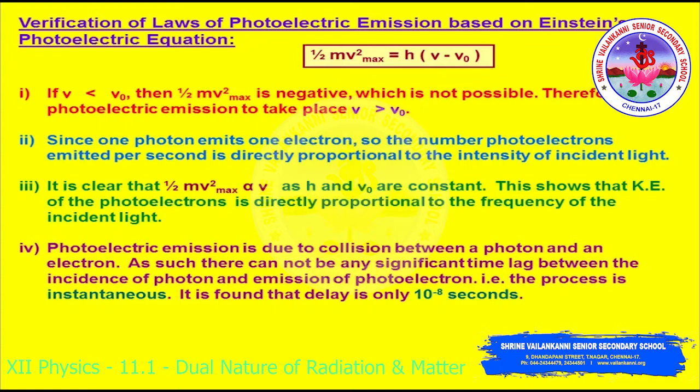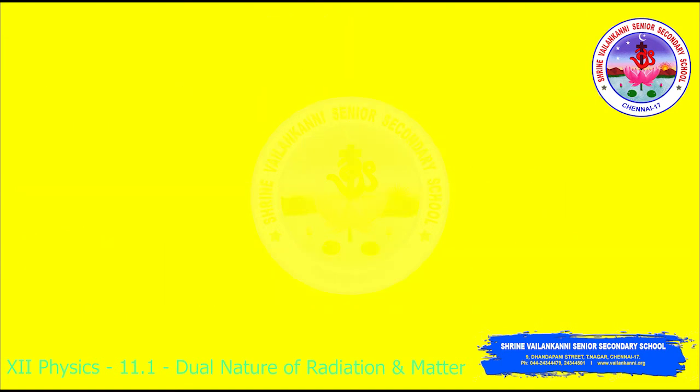It is found that the delay is only 10 power minus 8 seconds. So the explanation of the time lag is also satisfied. So Einstein's photoelectric equation helps to explain the laws of photoelectric effect: the effect of intensity, threshold, kinetic energy, as well as the time lag.